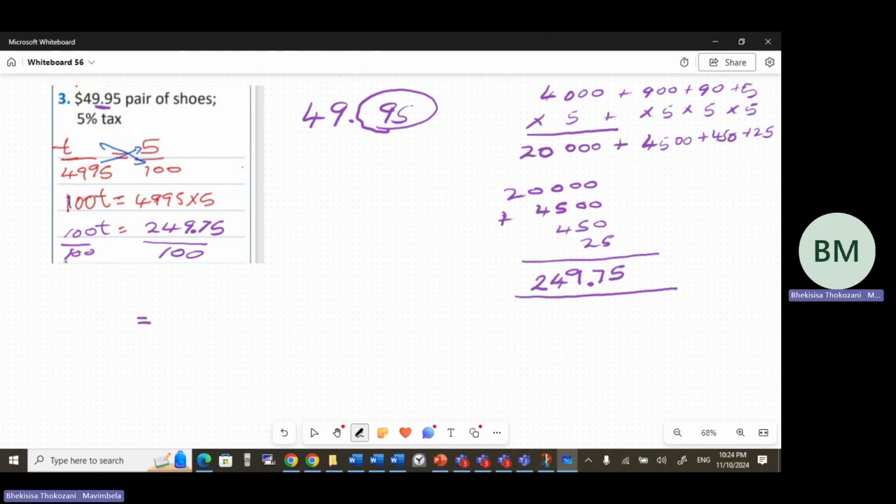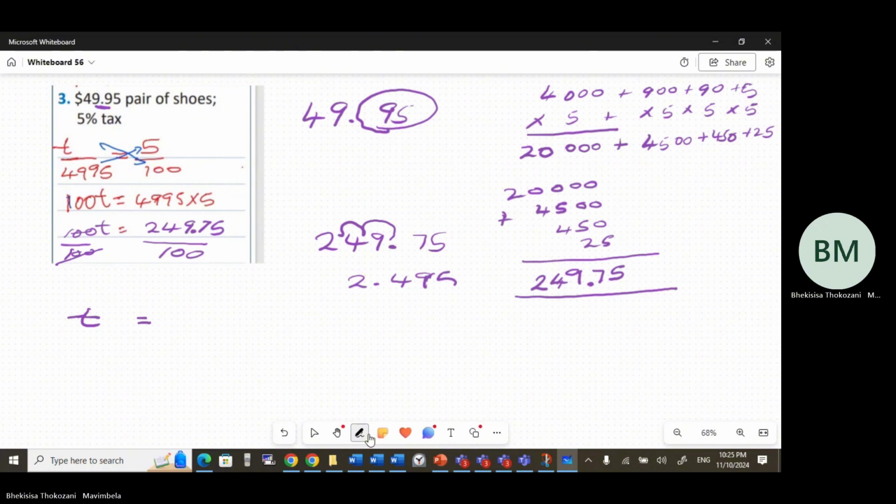And we know the rules of math. So you cancel this, I'm left with T here. And because I have 2 zeros here, I'm dividing by 100. So it means I'm going to move my decimal point to the left. So if I'm having 249.75 and I'm moving to the left 2 times, 1, 2, I'm left with 2.4975.